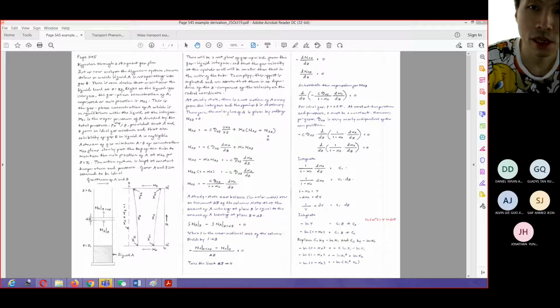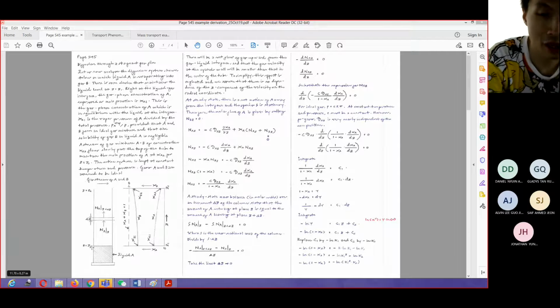So imagine that there is some device that maintains the liquid level at Z equals Z1. We can assume, for the sake of tackling this problem, that the evaporation is very small, such that the liquid level or the height Z equals Z1 does not change much over time. Of course, in the real situation, this Z will change when there is evaporation.